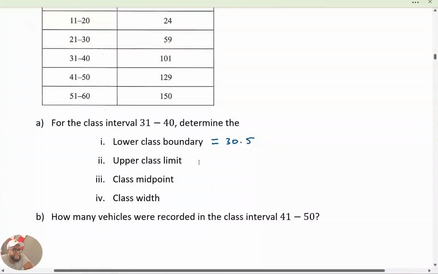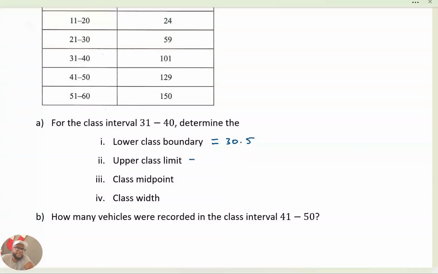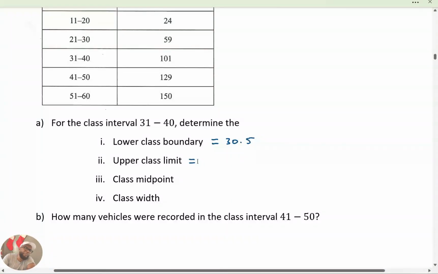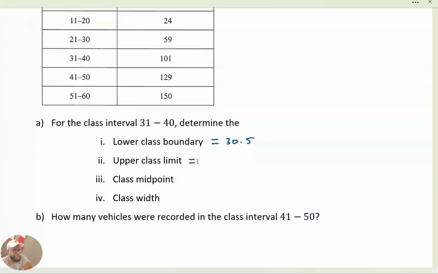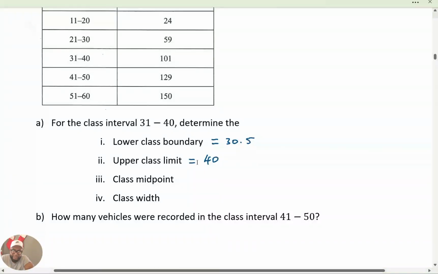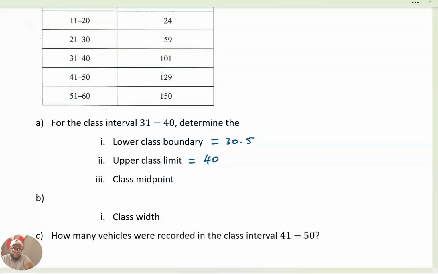Upper class limit, not upper class boundary. Come on, quickly. 40, excellent.